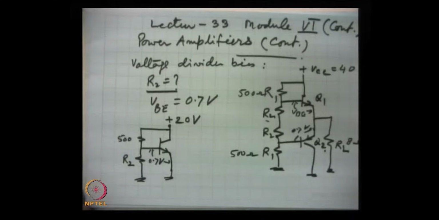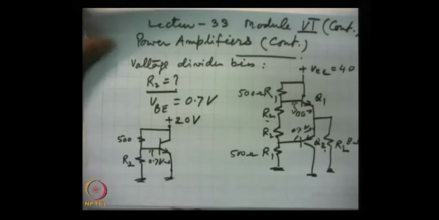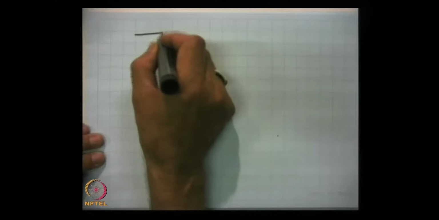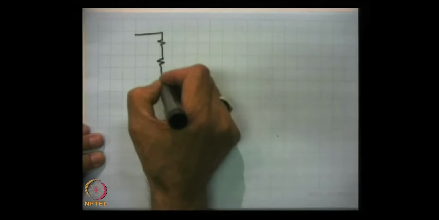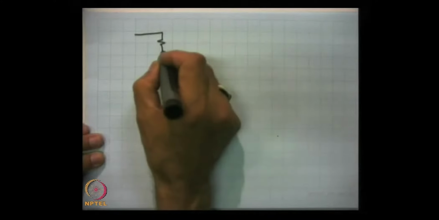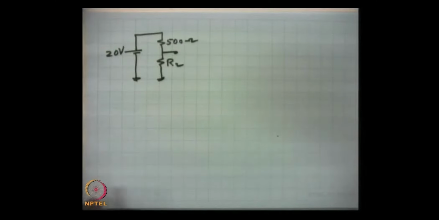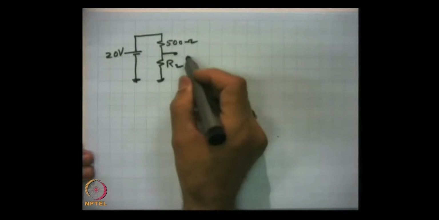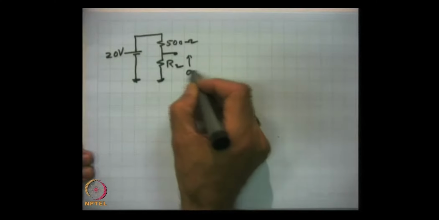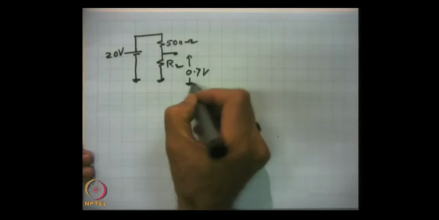It is very simple, this circuit we transform in this way. This is 500 ohms, this is R2, and here is that 20 volts battery. How to find R2 such that it produces a voltage 0.7 volts here?